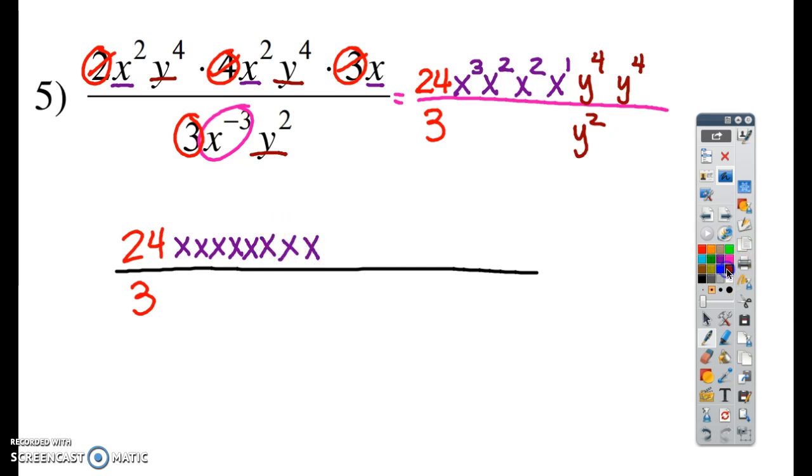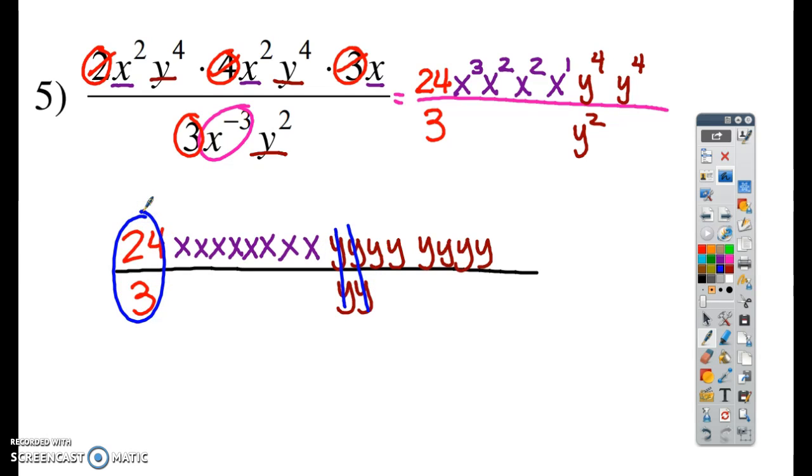And your y's, you have 4 y's on top, and another 4 on top, and 2 on bottom. So then you start canceling things. I can cancel 2 y's, and I can also divide 24 by 3. So I would put 24 divided by 3 is 8.